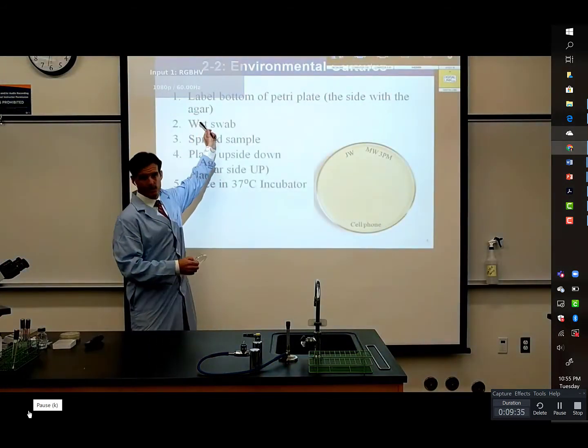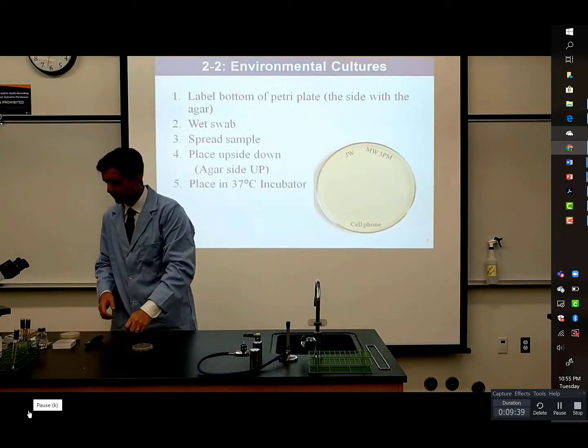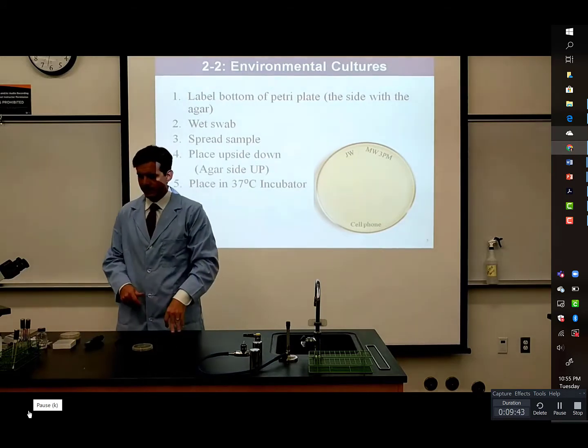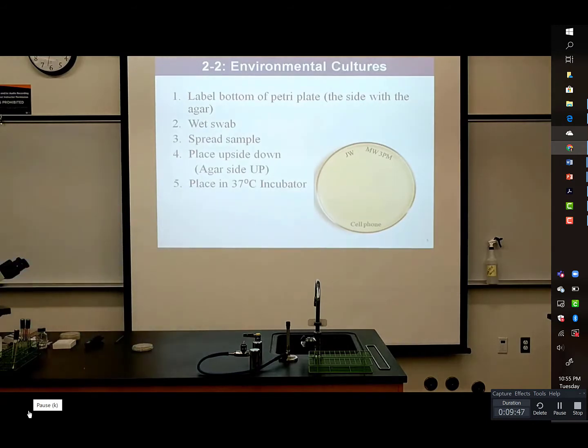So now what we're going to do is wet a swab. So we need to have some sterile saline, and give me just a moment. I'm going to get some lab supplies and put us on a close-up of what's going on.